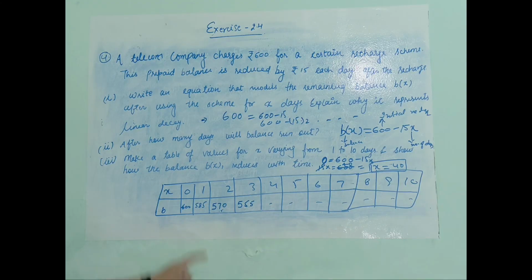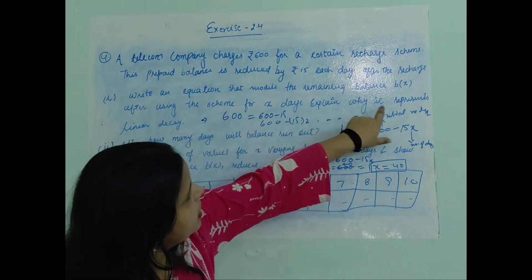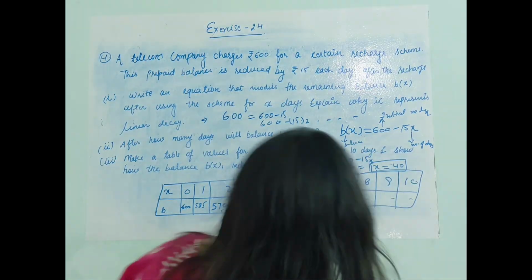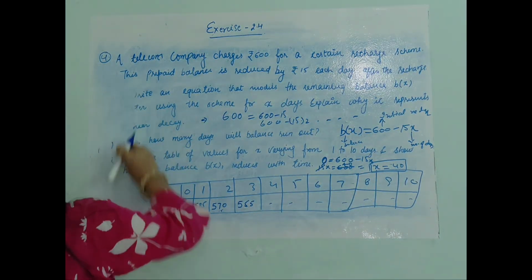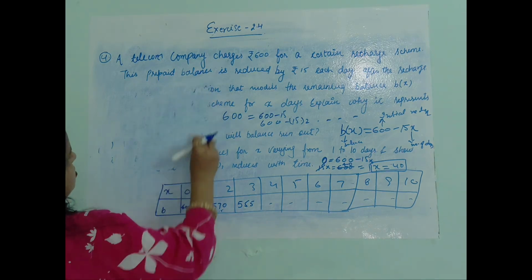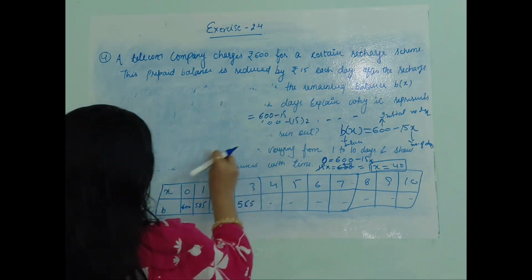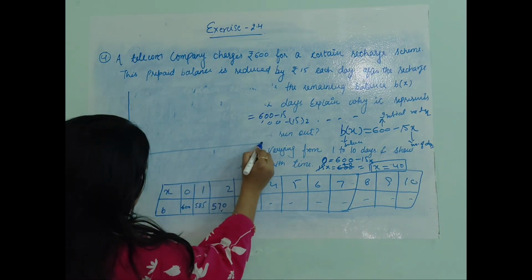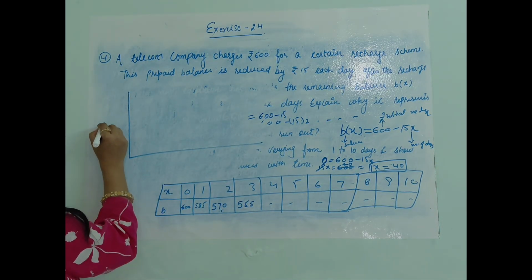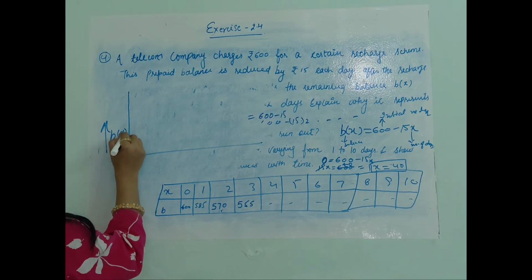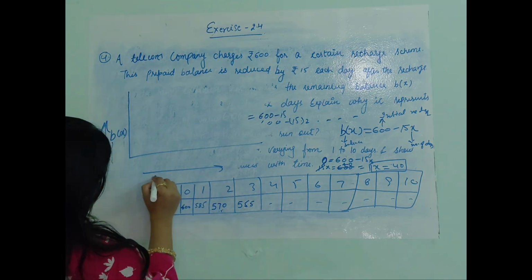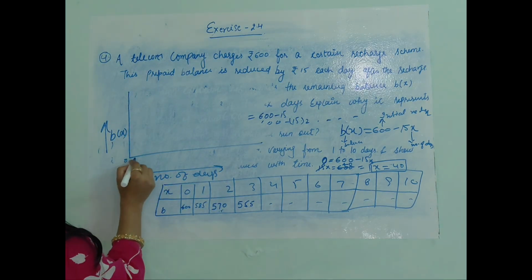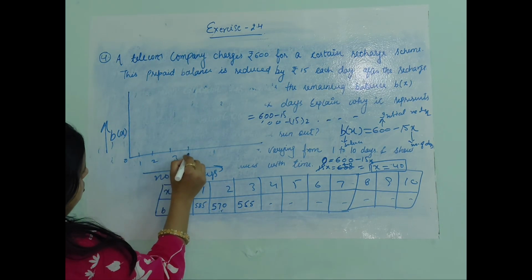Next is, they have asked us why it represents linear decay. Now let's put this into a graph. This will represent your balance and this will represent your number of days: 0, 1, 2, 3, 4 and so on.